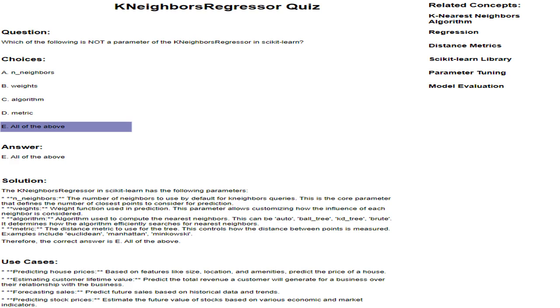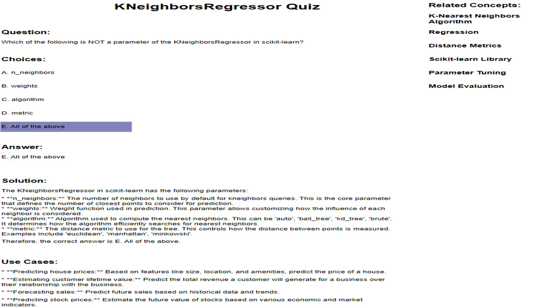Model evaluation: the process of assessing the performance of a trained machine learning model on unseen data. This helps determine how well the model generalizes to new instances and how reliable its predictions are. Evaluating the accuracy of a classification model using metrics like precision, recall, F1 score, and AUC.